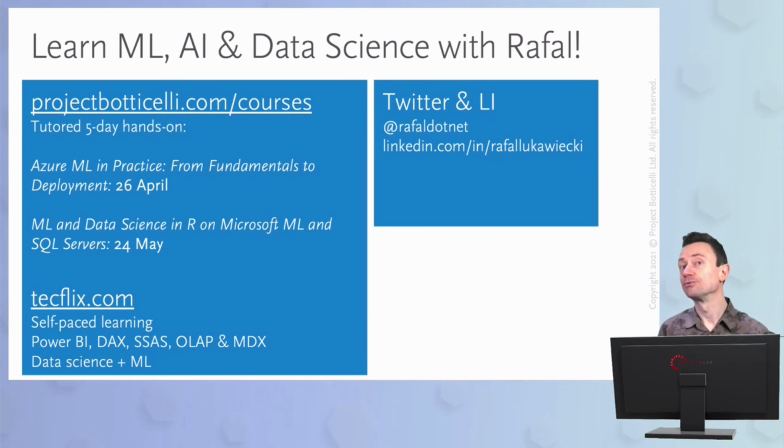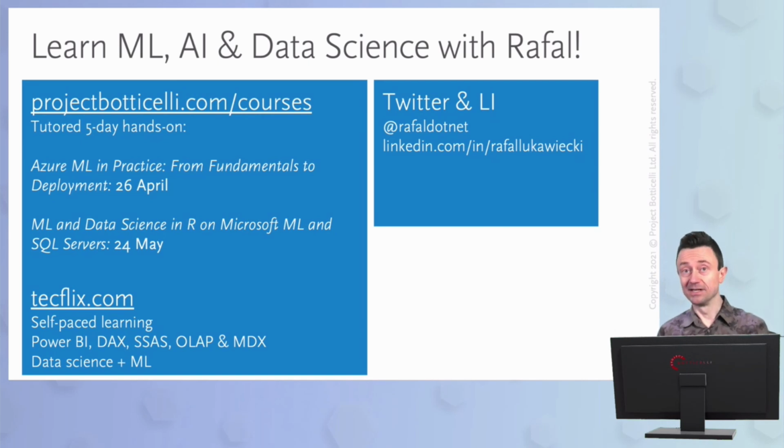And I have two classroom courses. Those are very intensive, hands-on classroom courses that teach everything you need to know if you want to get started in ML or data science. The first one focuses on Azure machine learning, and I just have it coming in a couple of weeks in April. And the other one focuses on using the R programming language and SQL Server.